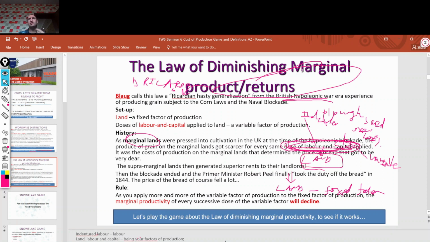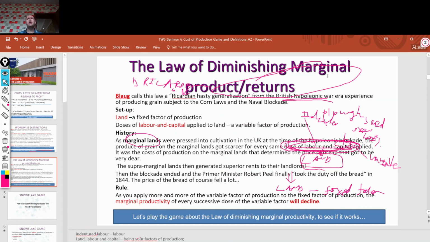And because it's a yield on each successive or subsequent application of the variable factor, it's a marginal yield being diminishing. Marginal meaning for every unit of extra application of labor and capital, every additional application, the produce from that application, specific to that application, will be less and less. It will be diminishing.